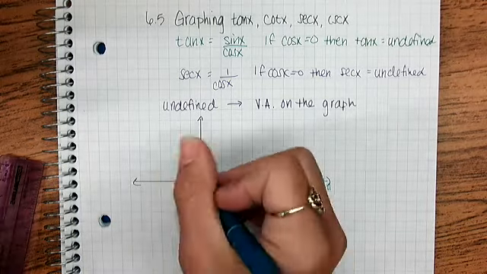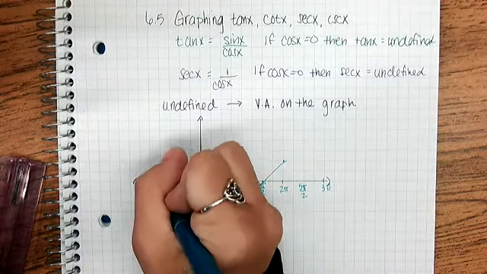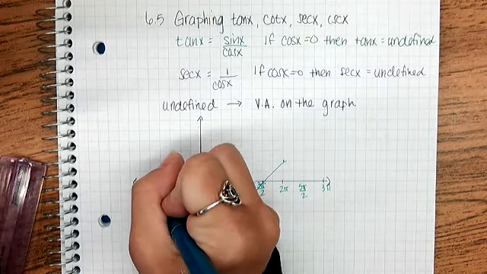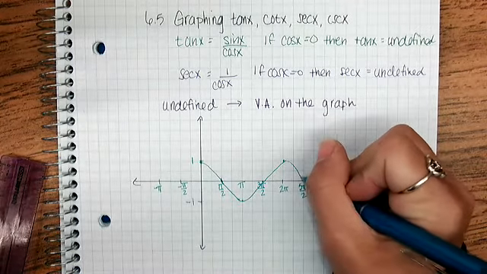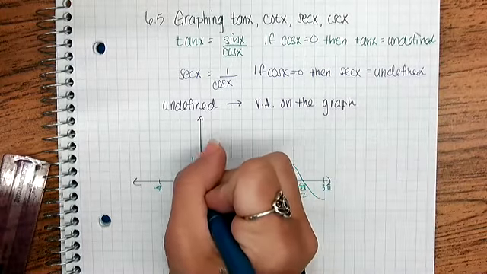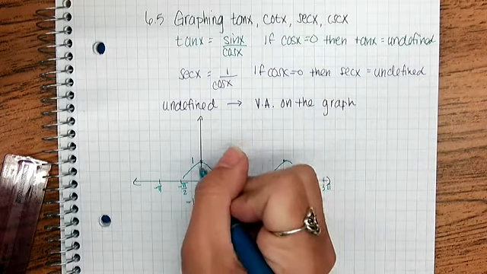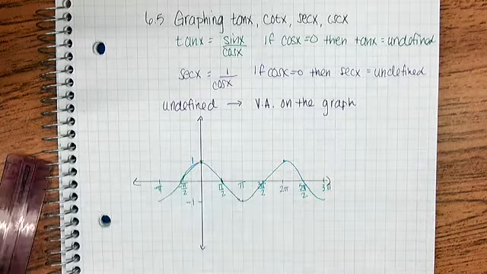So just a little bit here. Let's just go to negative pi over 2 and negative pi. And it goes down as such.